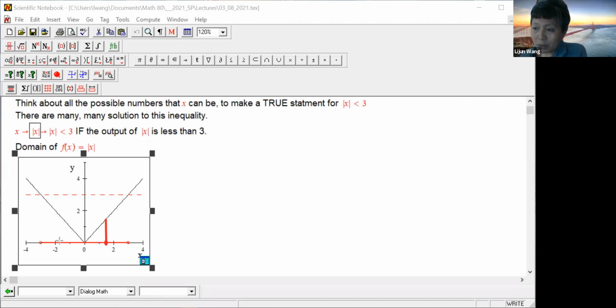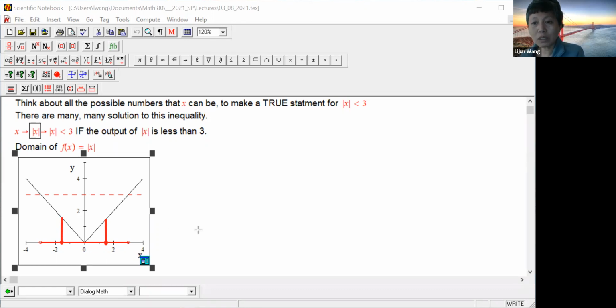By the same token, we run all the points between -3 and +3. Every single input will produce output less than 3. So that's what we want. Do you guys follow me? I'm interpreting the meaning.